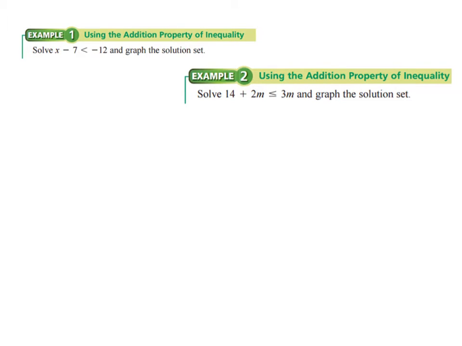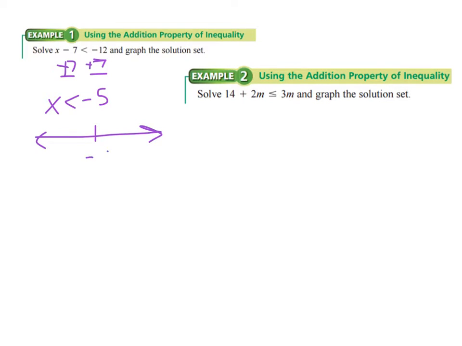So we're going to focus on solving these inequalities. We want to write the answers in interval notation and also graph them. Starting with example 1, we would add 7 to both sides of the inequality. We would end up with x is less than negative 5. I like to do the graph first, after we get the solution anyhow.